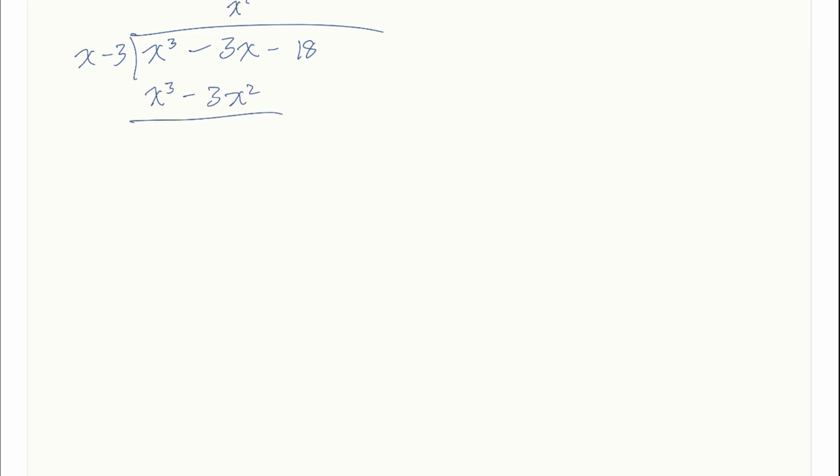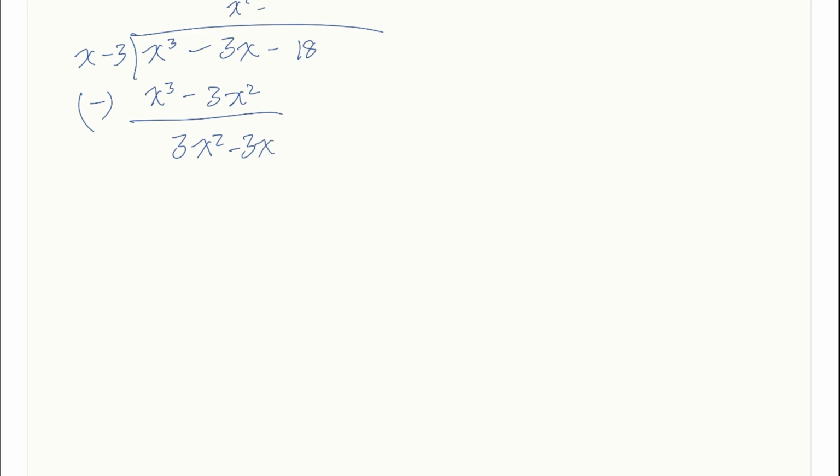So we can write x cubed minus 3x minus 18 divided by x minus 3. We do an x squared, x cubed minus 3x squared, then we get 3x squared minus 3x.